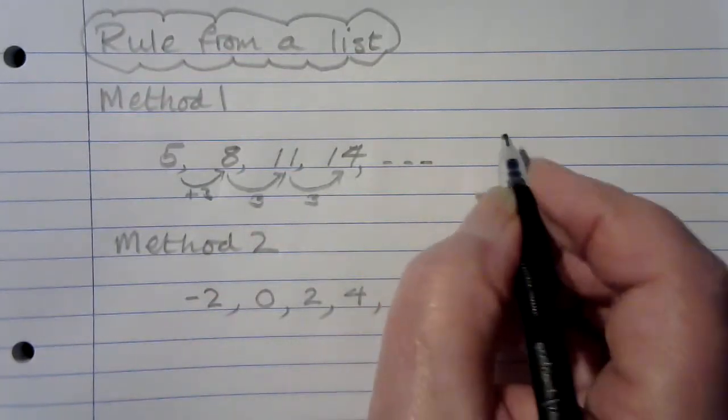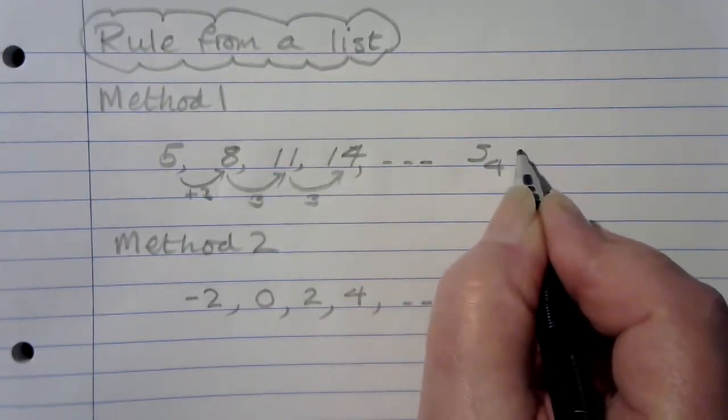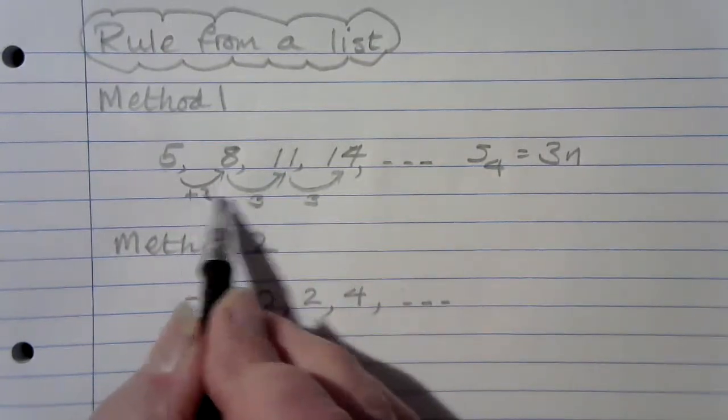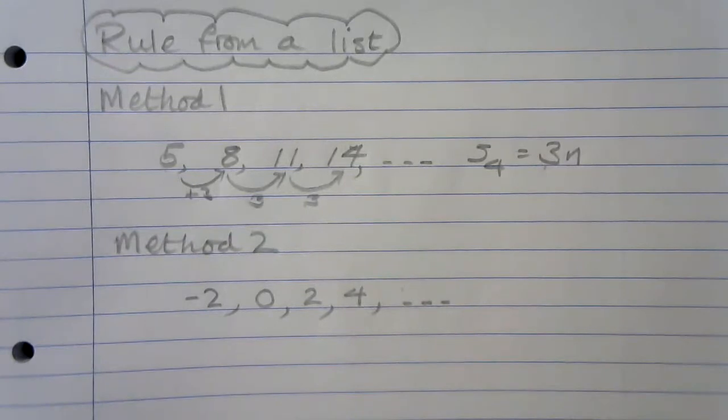So I know that my sequence, I'm going to call it S4, is going to be 3n, because my step is 3, and that's what this number tells me.